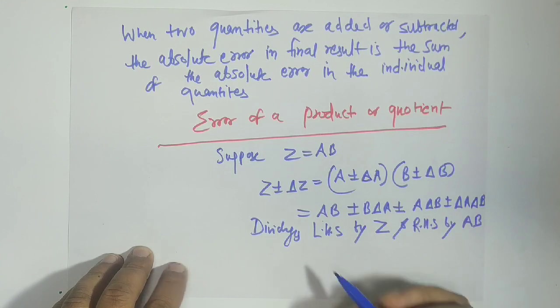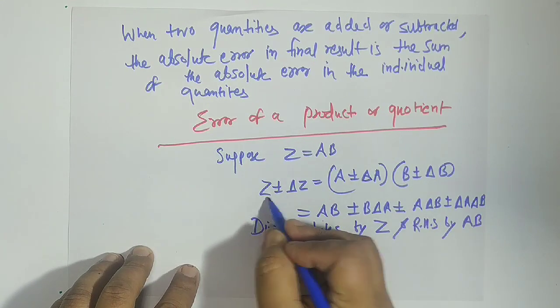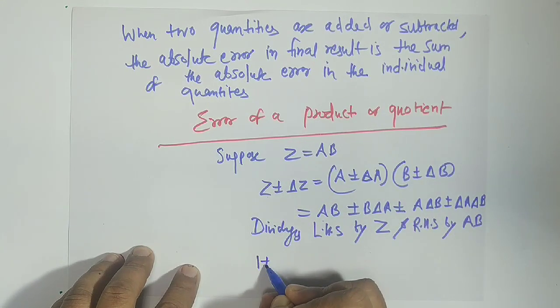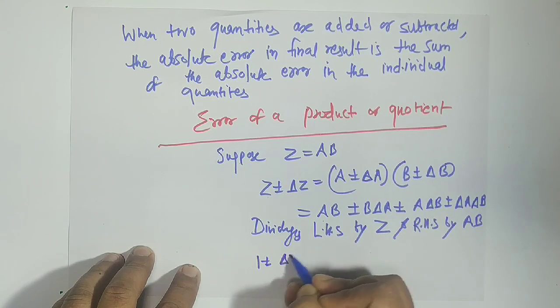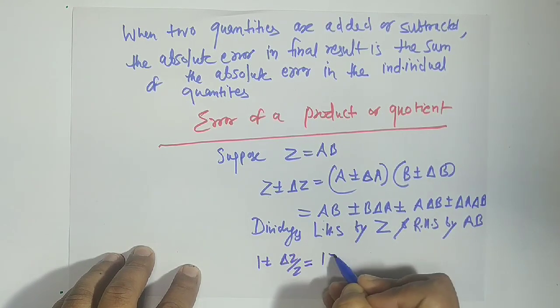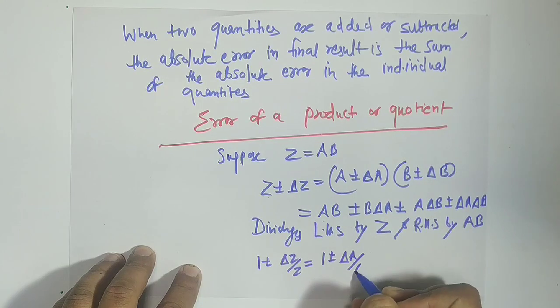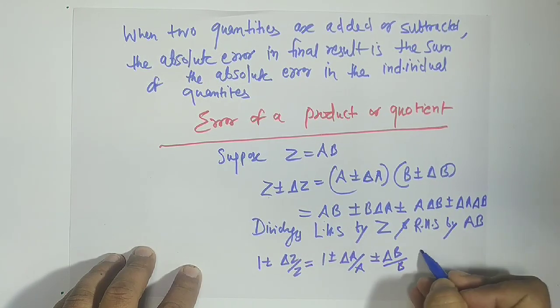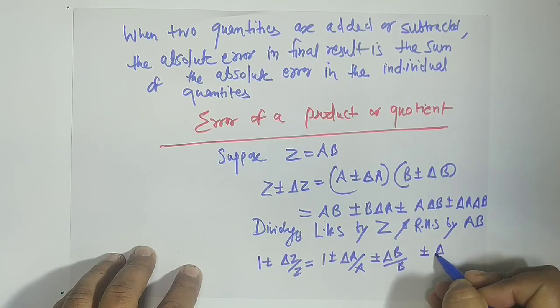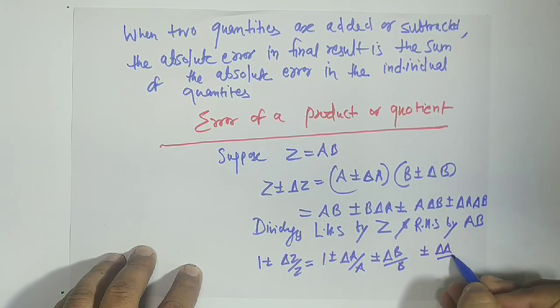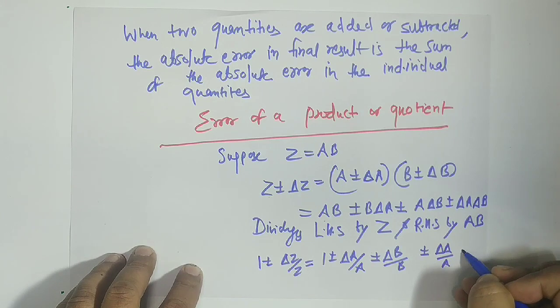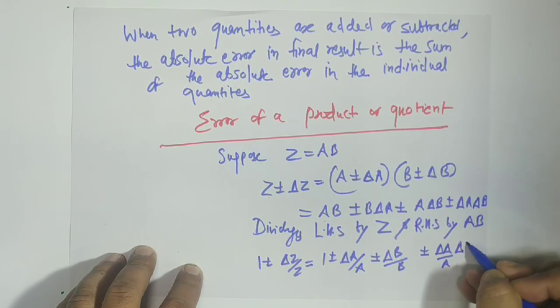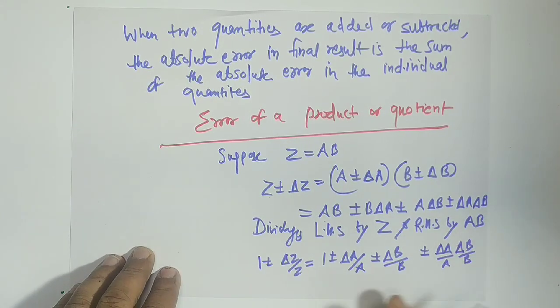Same thing, we are dividing it. If you divide it by Z and by AB, it will come like this: 1 plus minus delta Z by Z equals 1 plus minus delta A by A, plus minus delta B by B, and then plus minus delta A by A times delta B by B. So this you will get.